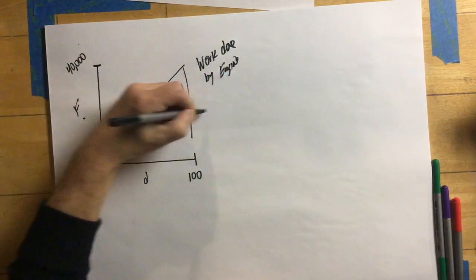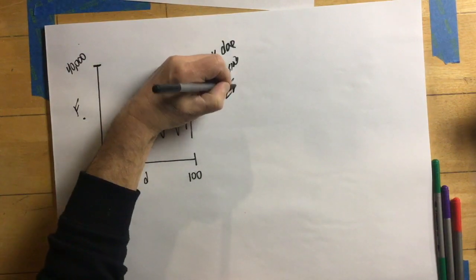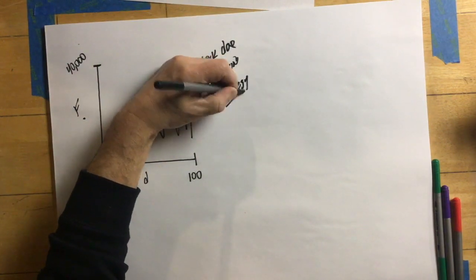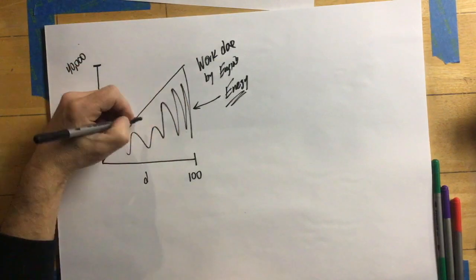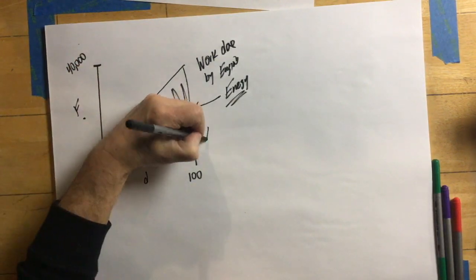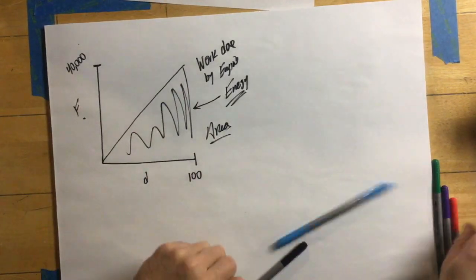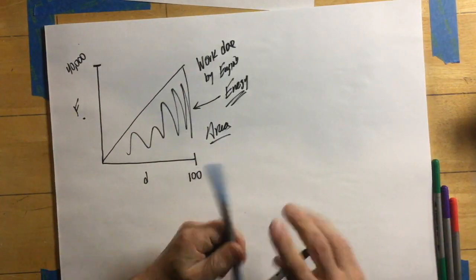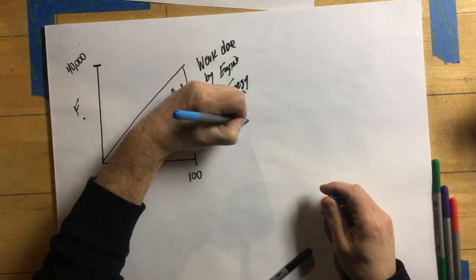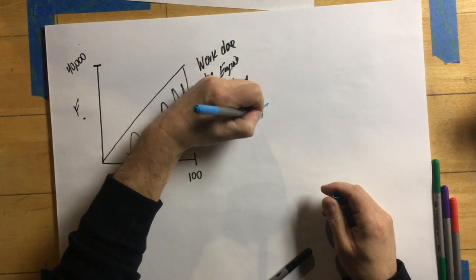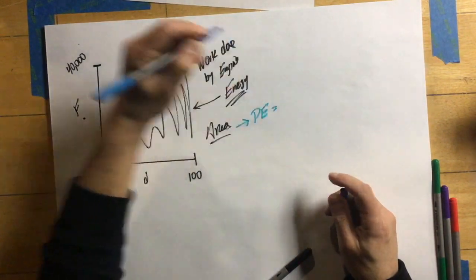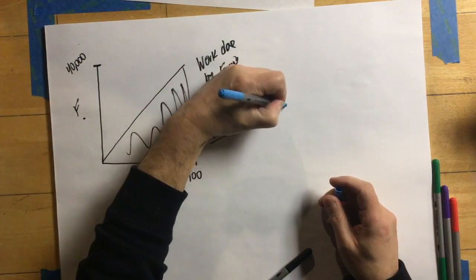that equals the energy possessed. And if we remember about work done on this graph, it's the area. So if we want to know the initial stored energy, the PE initial, it's going to be 1/2 base times height.